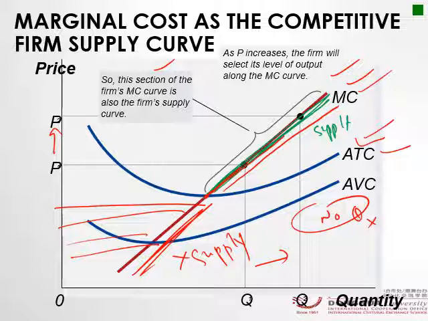If price increases, quantity increases. So it means that the section of the MC curve that starts at the ATC and lies above the ATC, we say that it fulfills the characteristics of the supply curve, and it is called the supply curve.